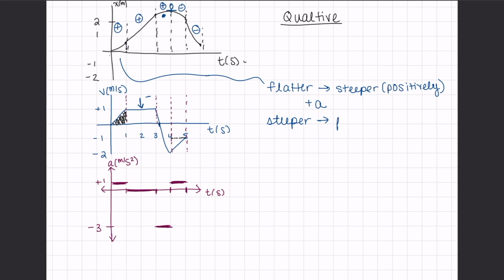Steeper to flatter, positive is going to mean that you need a negative A because that's how you would decrease velocity.